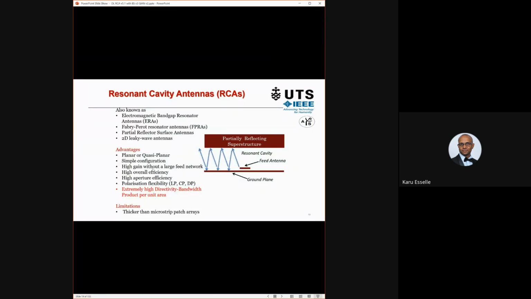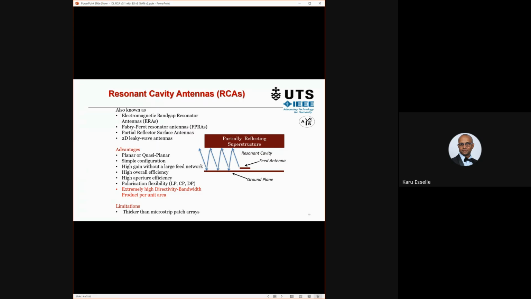Advantage is more, you can get high gain without a large feed network. If you are familiar with antenna arrays, there is another way to get higher gain, higher directivity from low gain, low directivity elements, antennas, by making an array of them. But you need the substantial feed network to combine all the feeds into one, especially if you need very high gain.